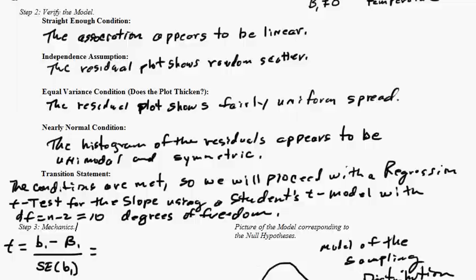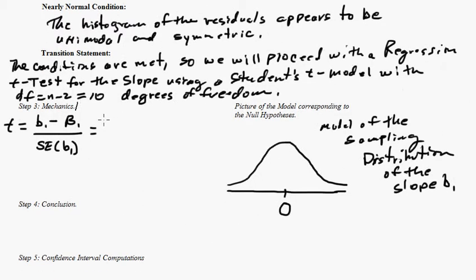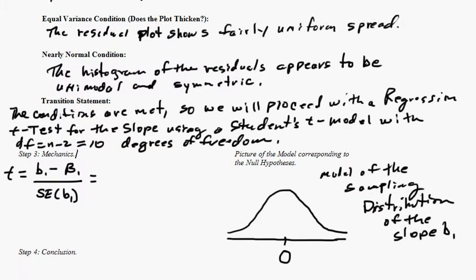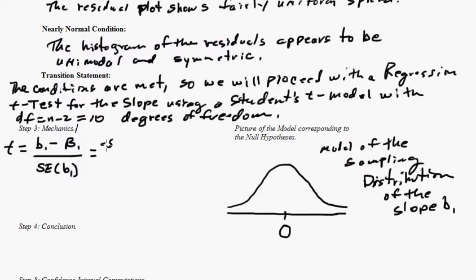So we can do this all at once: negative 50.9 minus 0, divided by 4.98, because I could throw in a 0 there. That comes out to negative 10.2 standard deviations away. So that's like 1, 2, 3, 4, 5, way out here somewhere.